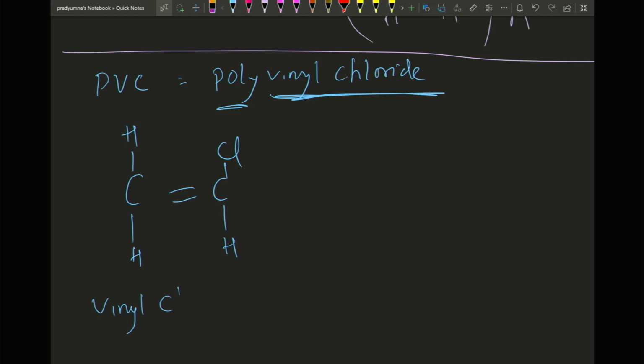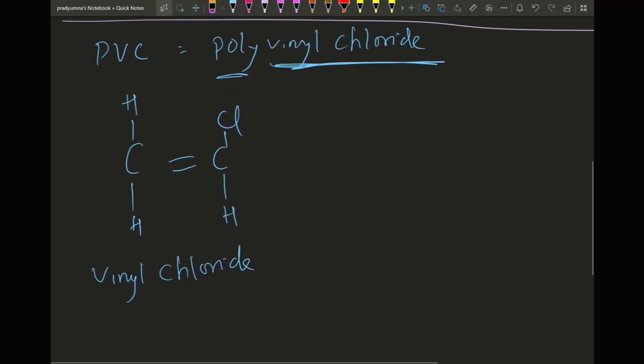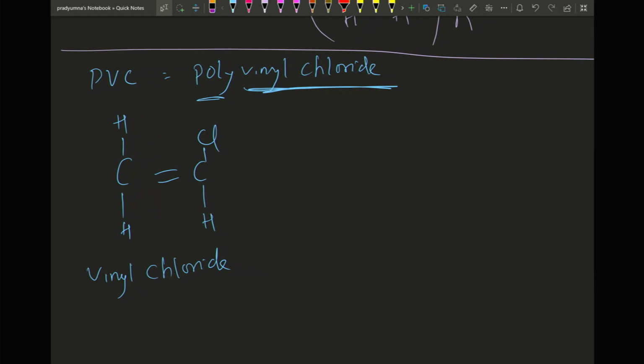This is the nickname. What should be its actual name, the IUPAC name, the systematic name? It has 2 carbon atoms, so it's going to be eth. It has 1 double bond, so it's going to be ethene. Then it has a chloro substituent, so it's going to be chloroethene.